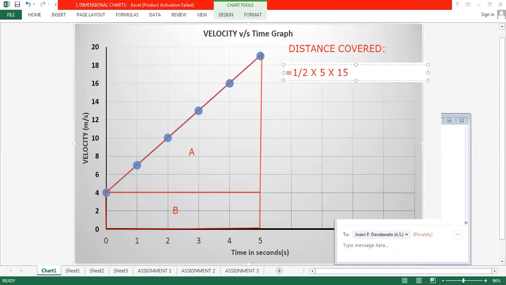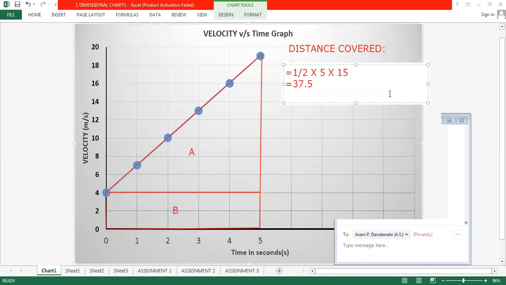We are taking height from 4 to 19. That is 15. So how much is this coming out to be? 37.5. Yes, this is coming out to be 37.5.